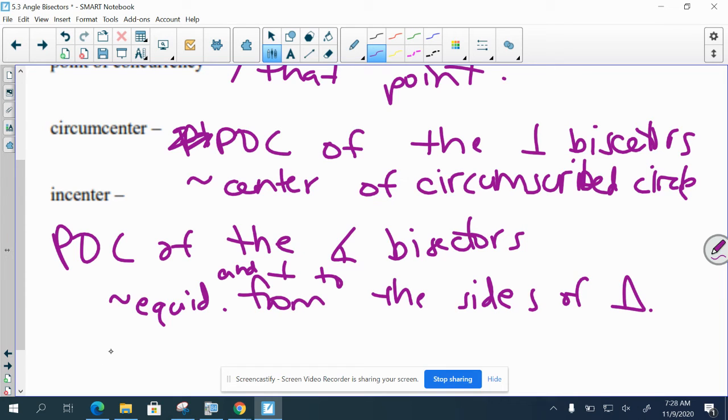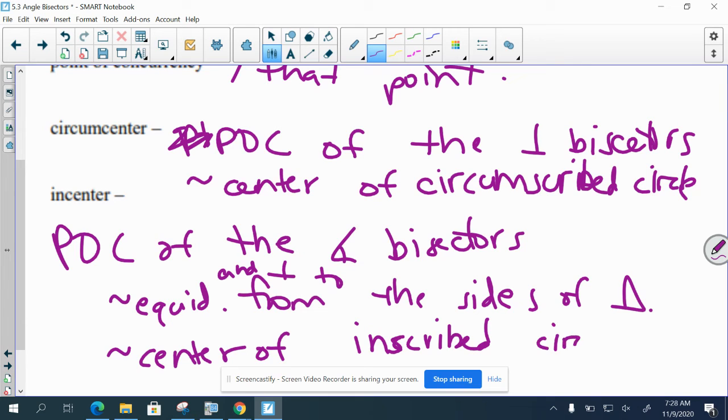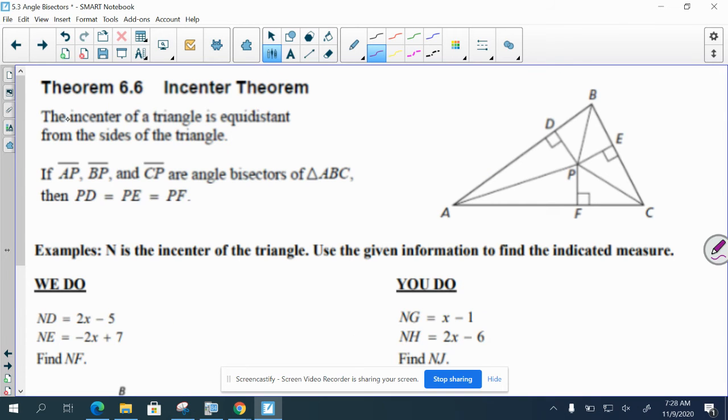And also there's going to be an inscribed circle. So it's the center of the inscribed circle.